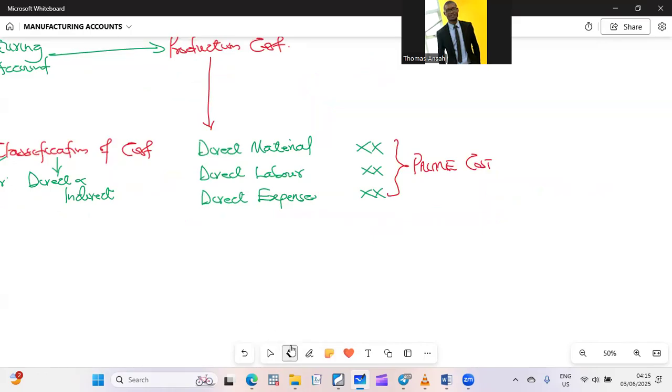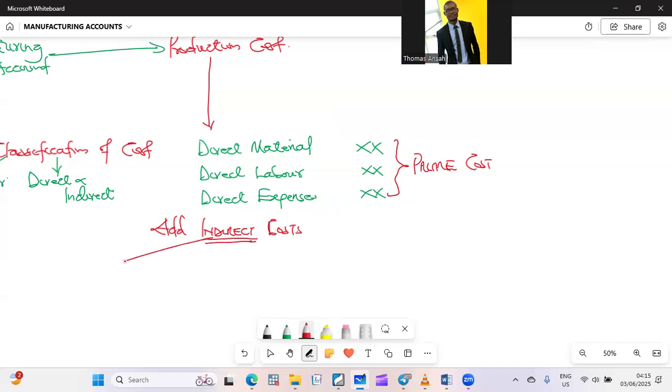Then you add your overheads, or what we call the indirect expenses or indirect cost. Another name for indirect is overheads.